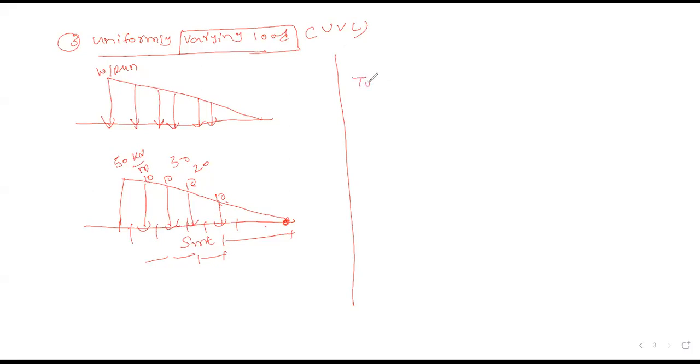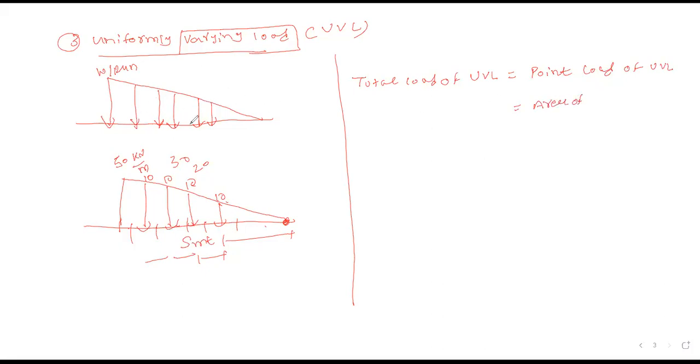So can I say that the total load of this uniformly varying load will act like a point load, the point load of UVL? Yes or no? Yes, sir. That load is acting as a single point load of the uniformly varying load. That is nothing but the area of a triangle. Why area of triangle?